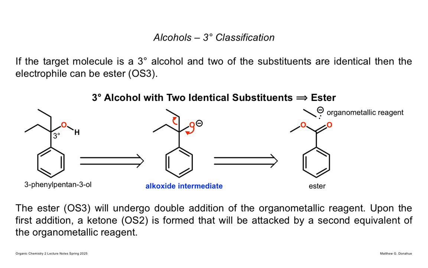so let me pick a color here. Okay, so I'm gonna call that blue. The carbonyl carbon, which is blue, notice that 2 of those substituents are the exact same.